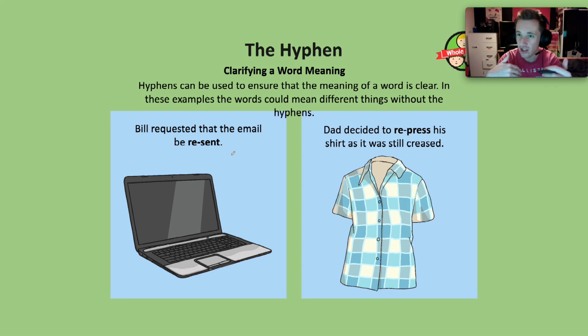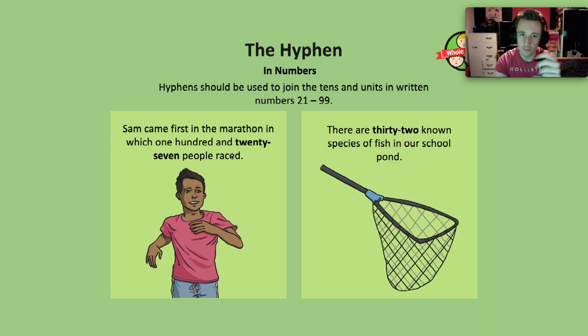I re-did it, I re-pressed it, I re-sent it, I re-submitted it. Re means to do it again. It's those two letters again. Two letters before a main word would be linked with a hyphen. The other time you would use it is if you're writing numbers as words. So if you write a two-digit number, so 32, for example, you would put a hyphen between the 30 and the 2.